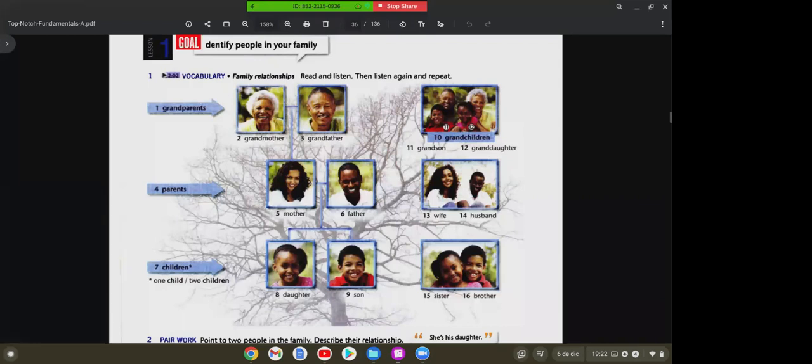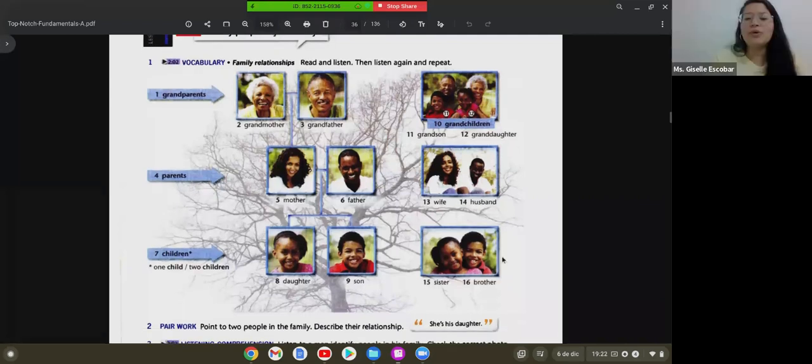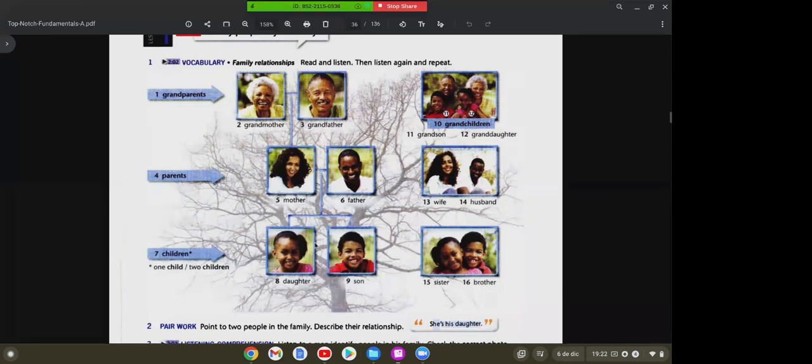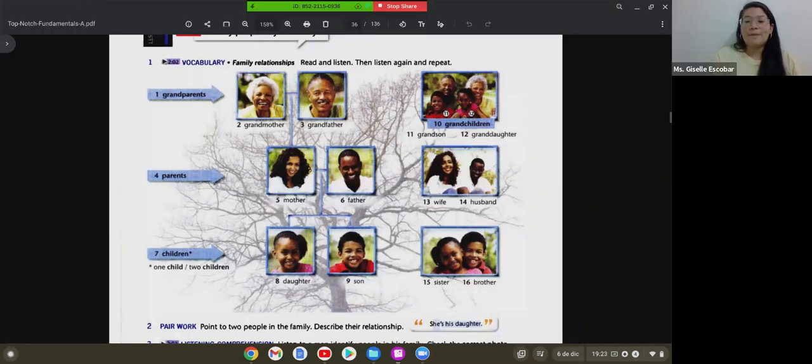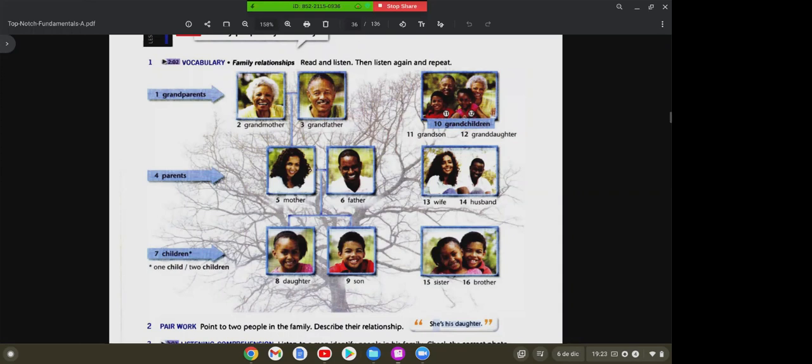He is my son. Okay, look what we are doing. Mira el ejemplo. She is his daughter. ¿En qué fotos creen ustedes que están acá mencionando? ¿Qué fotos podrían mencionar? She is his daughter. Sería, digamos, 5.